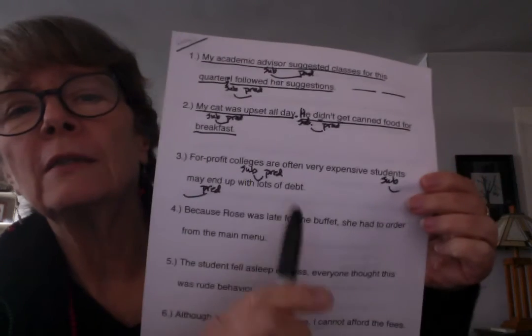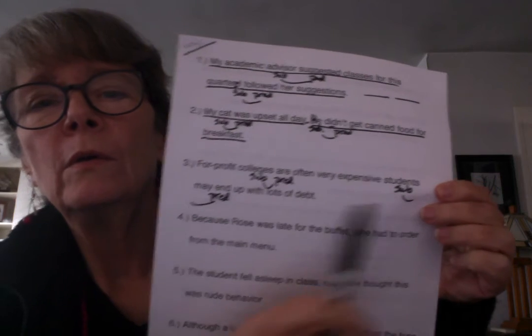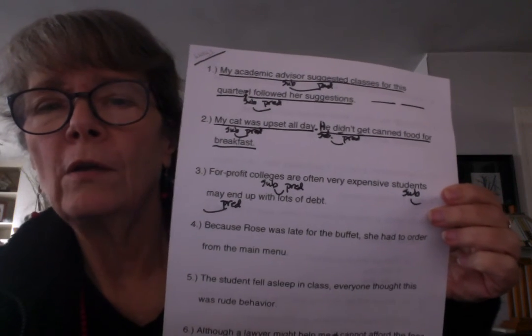It could be a noun, might be an adjective, I'm not sure. Anyway, neither of them is connected to a verb. So they're not subjects. The debt isn't doing anything. The debt what? All right, so we found that we have 2 subjects and predicates. 1, 2 pairs that go together. That means we're going to have 2 clauses. So let's figure out what the words are that make up those clauses.